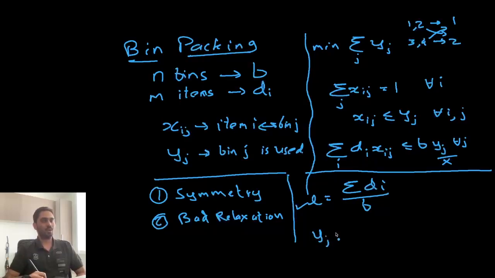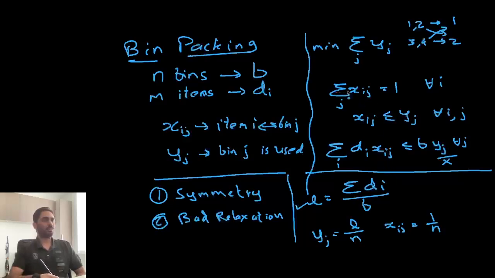I can set all yj variables to L by n. If we sum over all yj in the objective, that will be exactly L, because there are n bins. And I can set xij equal to 1 by n.